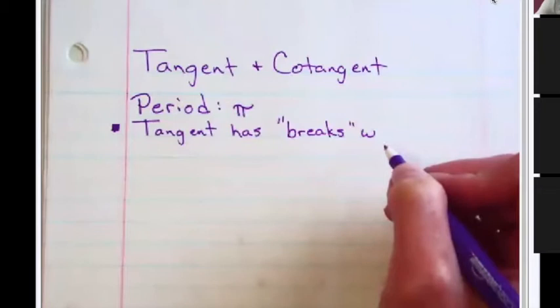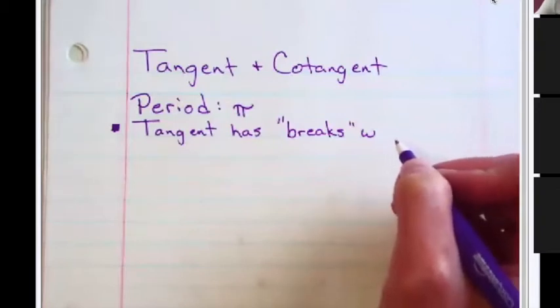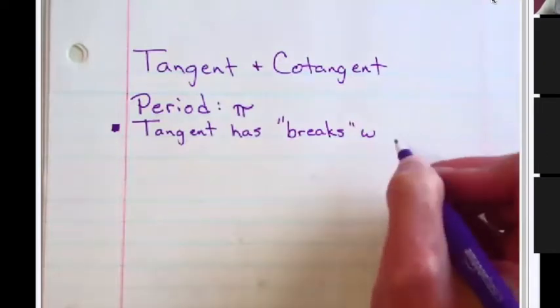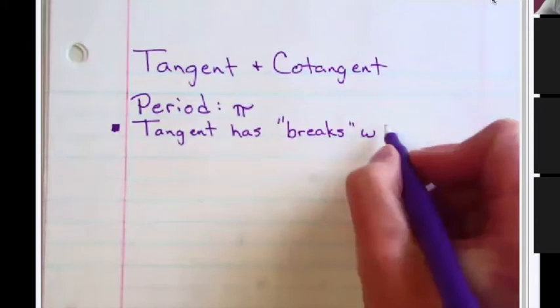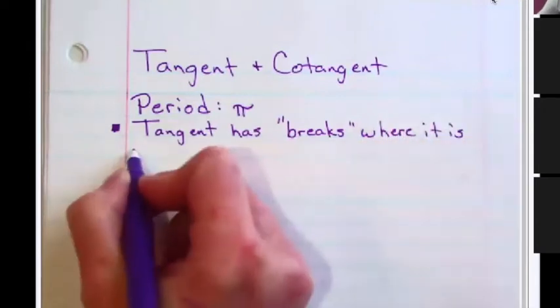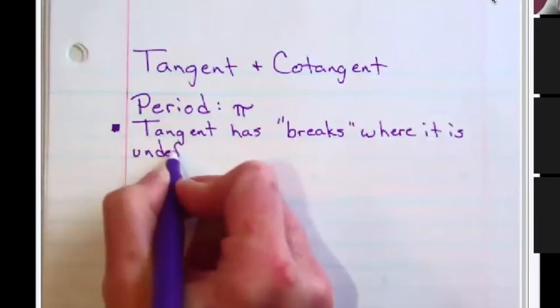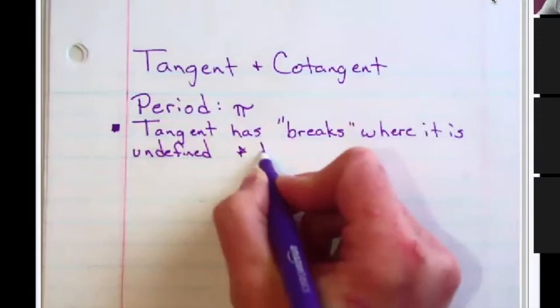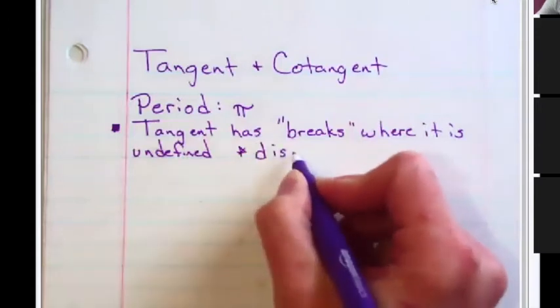If you try to do 1 over 0 for 90 degrees, it's undefined. So it's going to have an asymptote there. So our breaks are asymptotes where that happens. So this is going to be a discontinuous function.